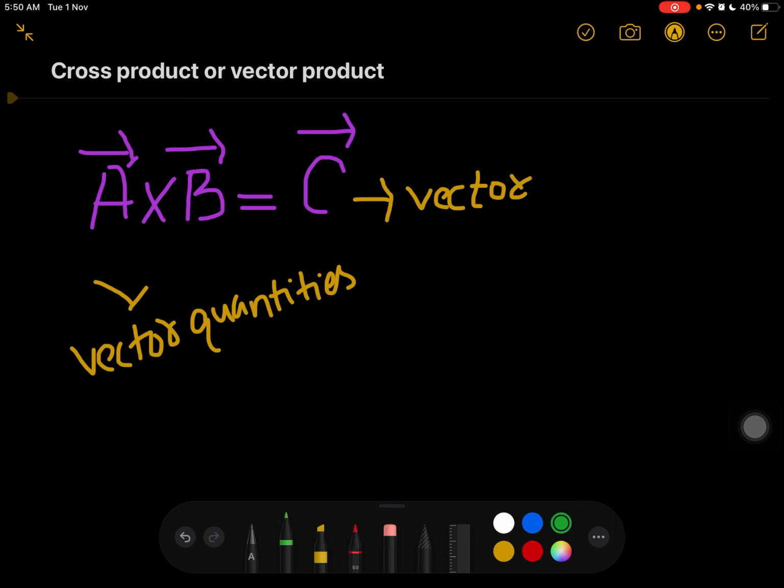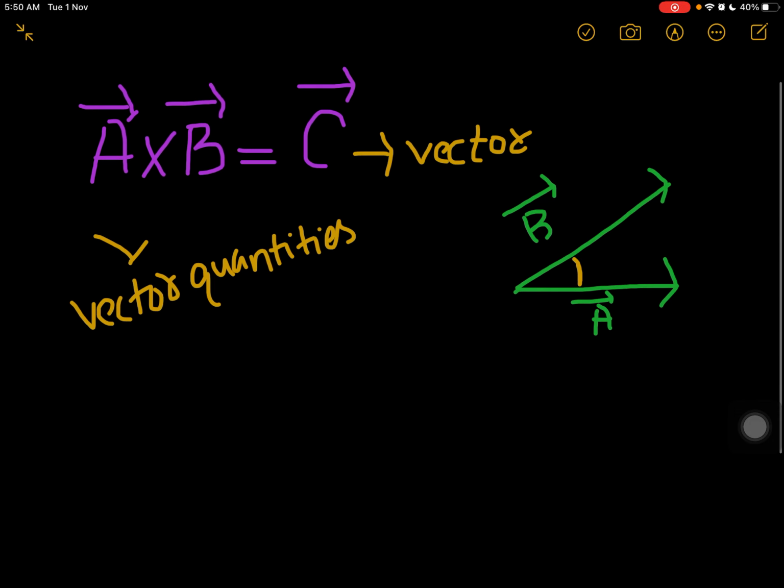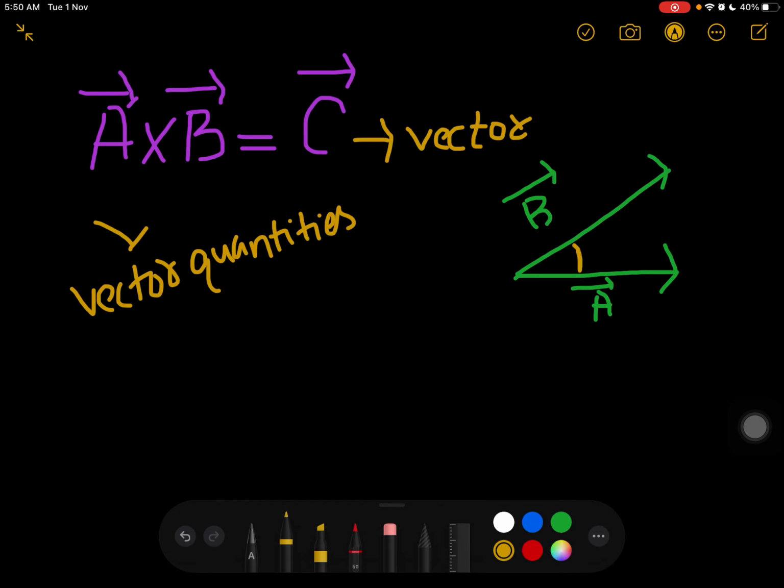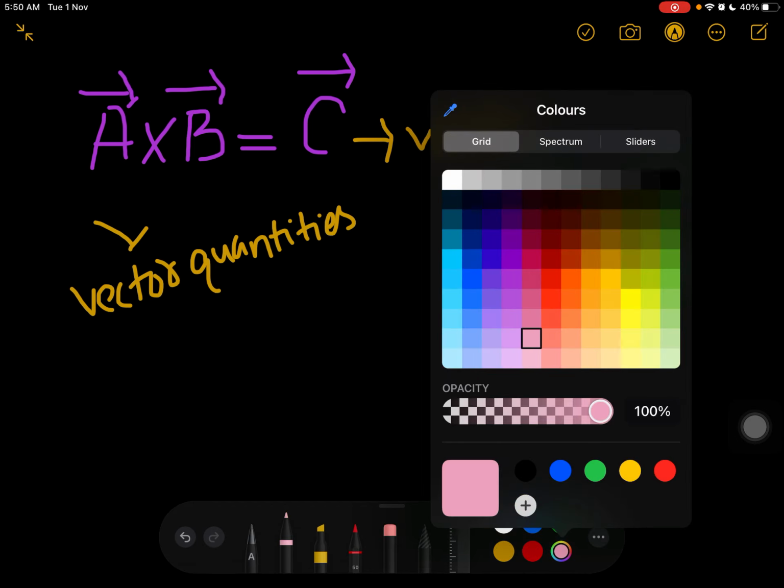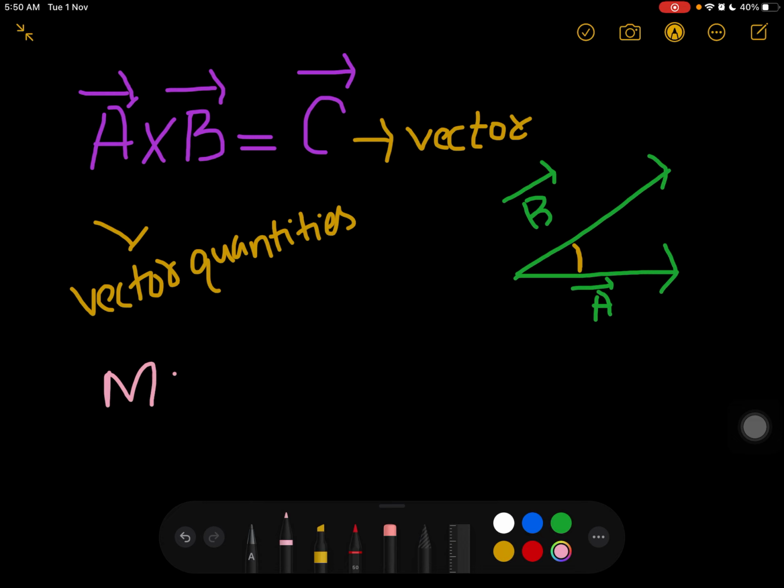For example, this is a vector which is known as vector B, right? There is another vector which is known as vector A, right? So there will be an angle formed over here. Now let's find the magnitude of A cross B, basically the magnitude of C, because it is a vector quantity.